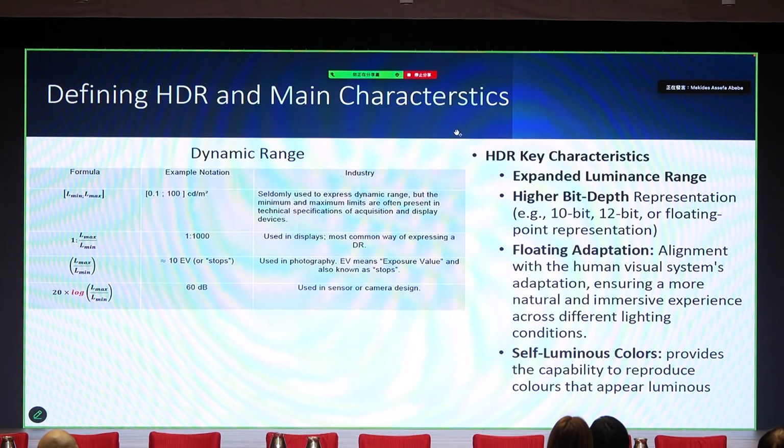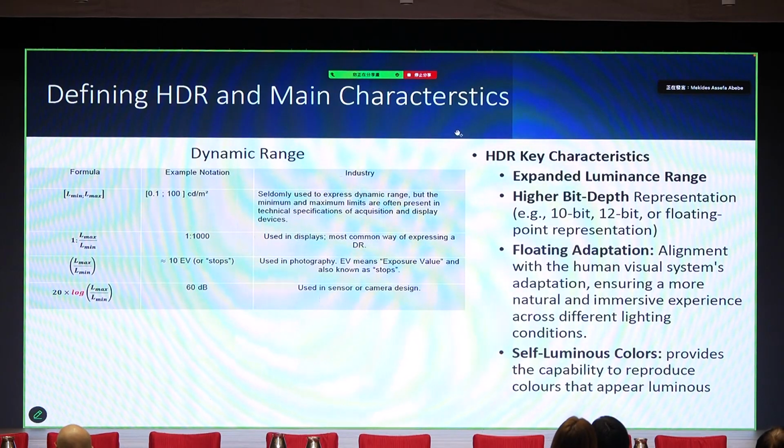And then we feel that these other two characteristics, which are floating adaptation and self-luminous contents, are found to be very important, which will specifically differentiate high dynamic range content from SDR content.